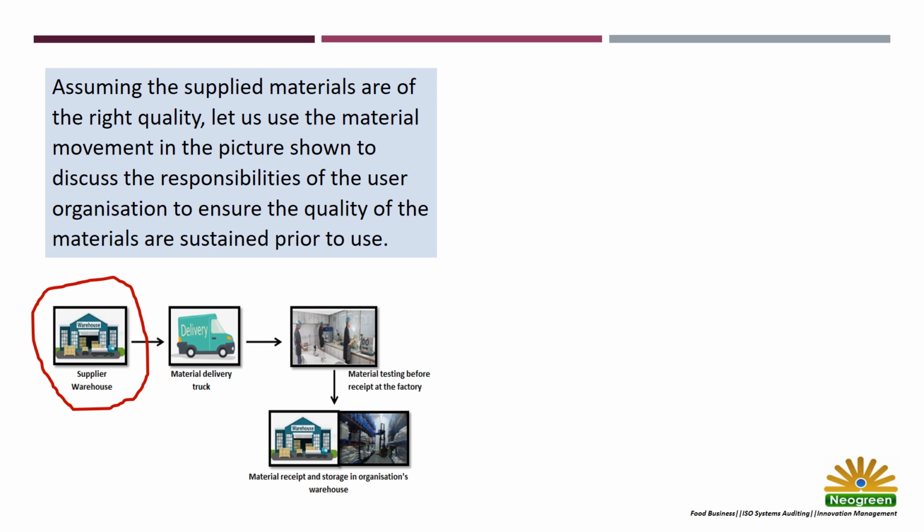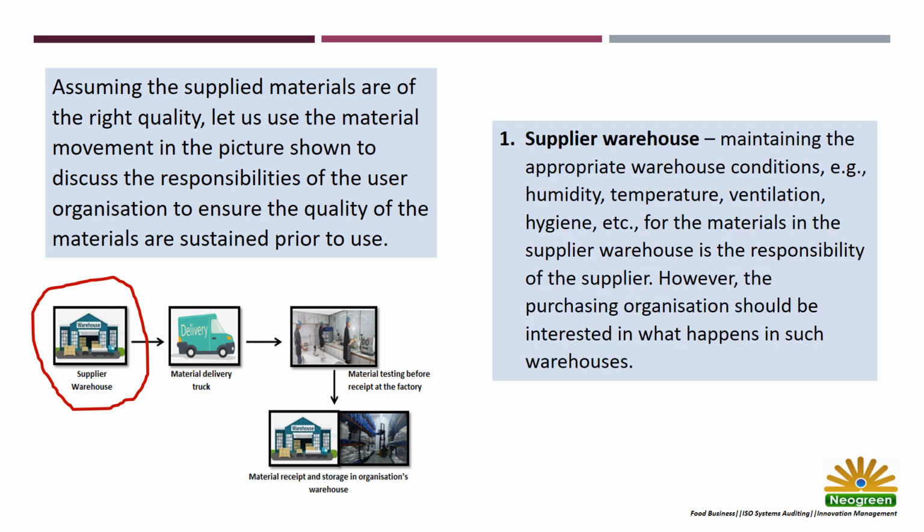Assuming the supplied materials are of the right quality, let us use the material movement in the picture shown to discuss the responsibilities of the user organization to ensure the quality of the materials are sustained prior to use. 1. Supplier warehouse.